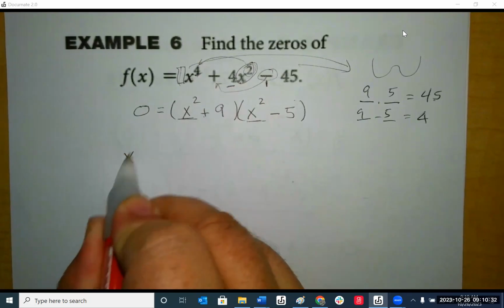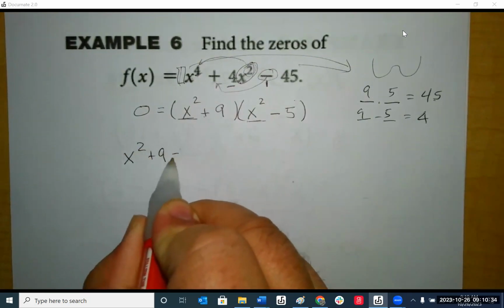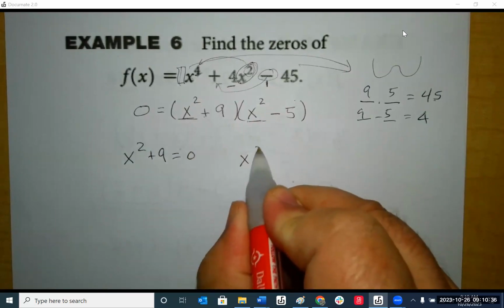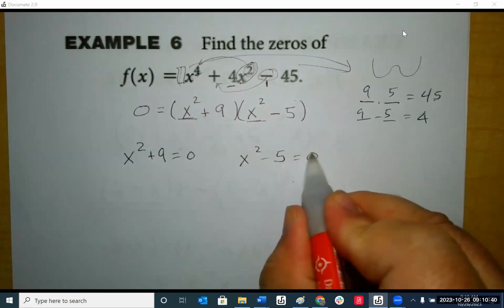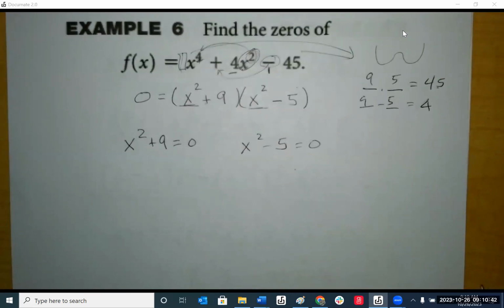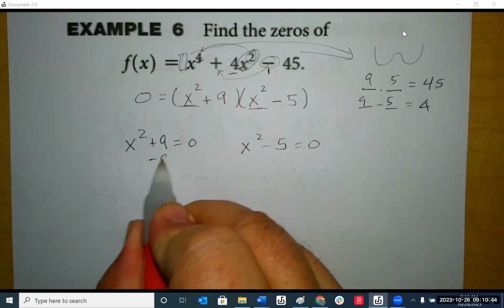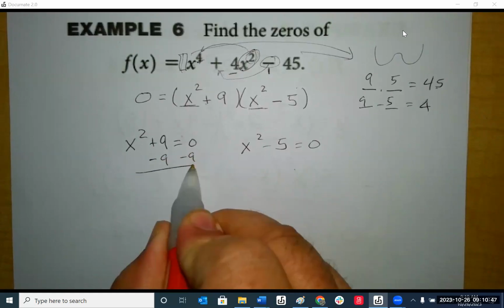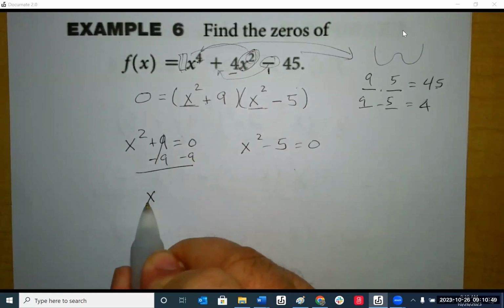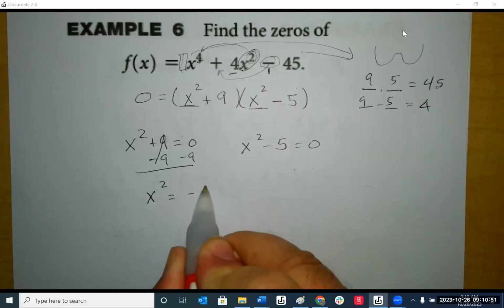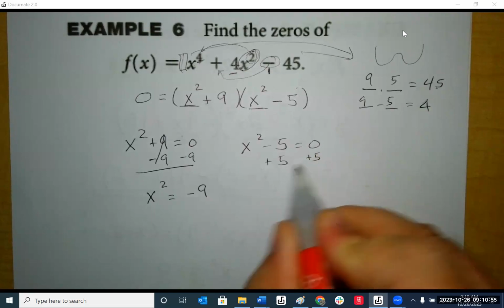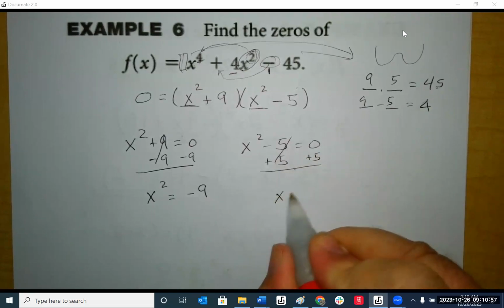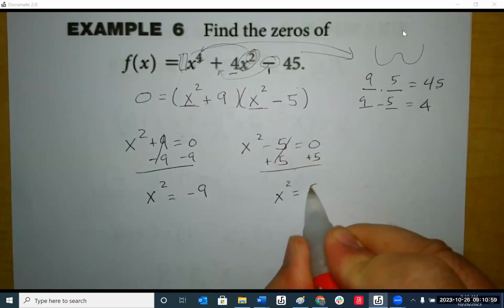Now we take both of these equations and set them equal to 0. Subtract 9, so I have x squared equals negative 9. Add 5, x squared equals 5.